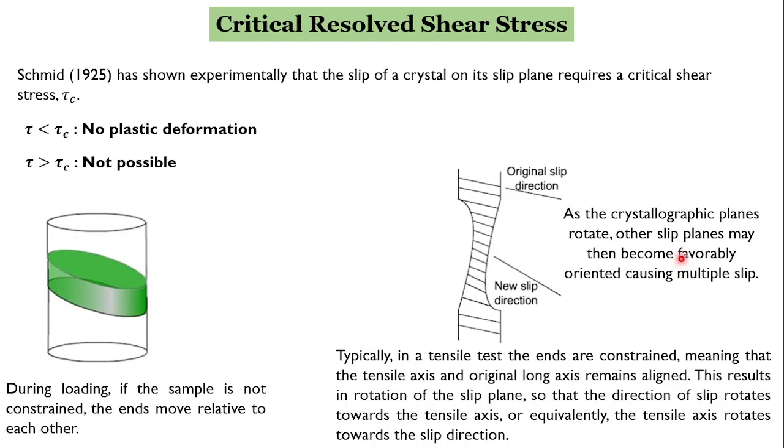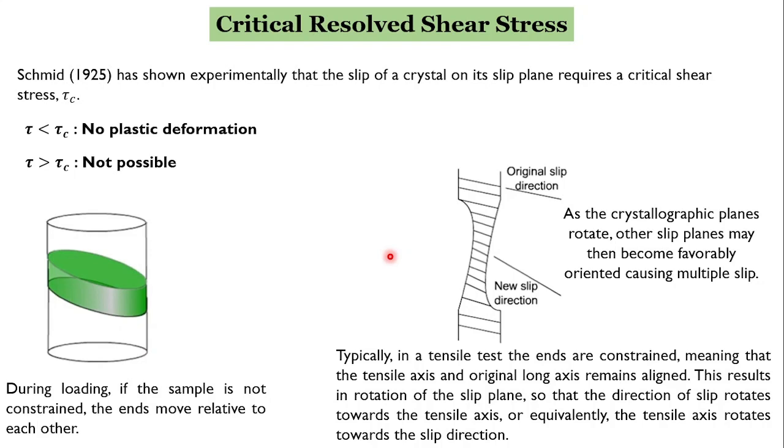Suppose at first a particular slip system is active, but as the slip systems start getting rotated as the tensile test continues, other slip systems may get more favorable cos phi cos lambda values, and they might also reach tau c for that slip system, and hence that slip system can also get activated.